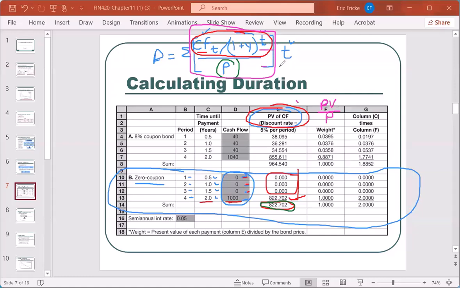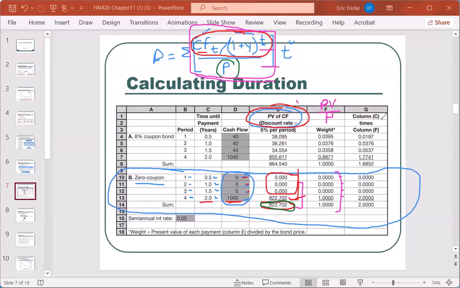So this divided by this right here, that's what we're doing. Each of these terms, 0, 0, 0, 822, we're going to divide by the green circle. So we get 0, 0, 0, and 1. And so these are the weighting factors, okay, which is this pink value for each cash flow.